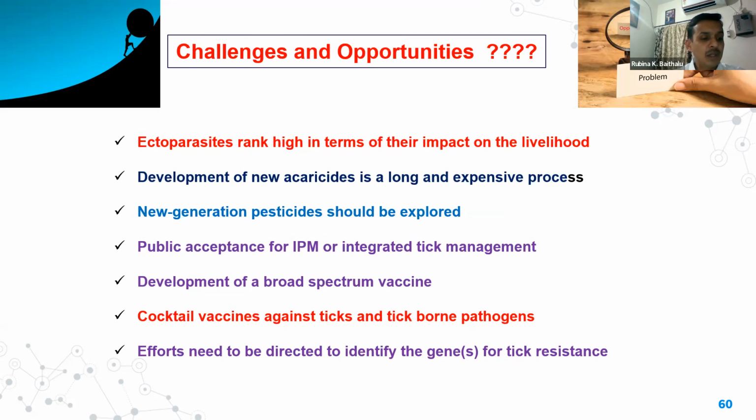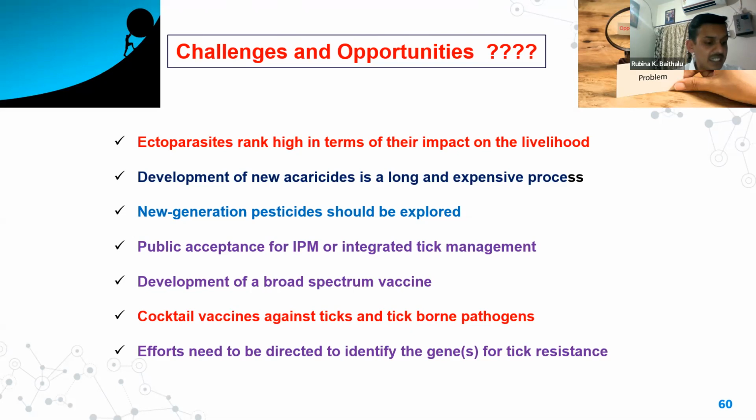These acaricides should be kept in reserve for any emergency situation expected to arise from multi-acaricide resistant ectoparasites in the future. Public acceptance of integrated pest management or integrated tick management should also be enhanced.